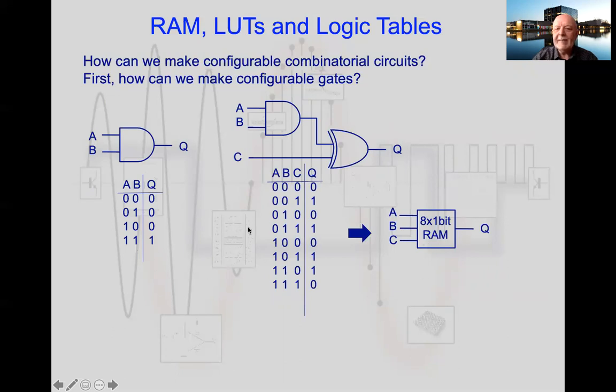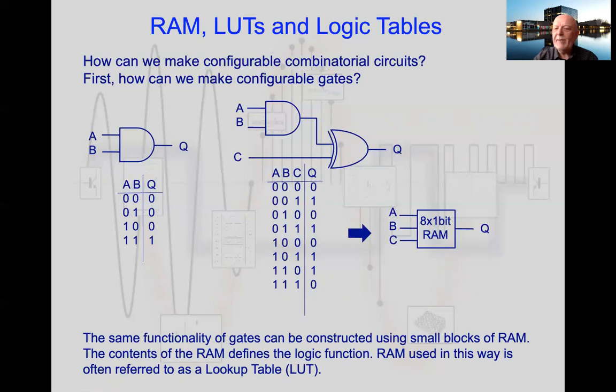For any combinational circuit, we can store into the RAM the output of the truth table, and then we address it with the inputs. For a given address, we've got what the output should be. So this piece of RAM does the same job as if we'd wired up these gates.